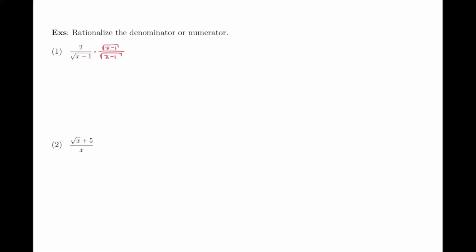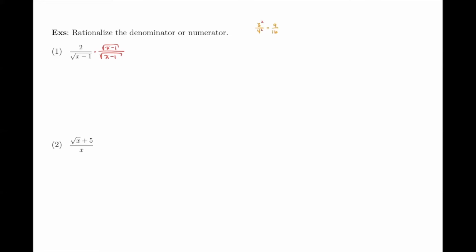Now note that we can't just go squaring the top and the bottom. If we square the top and the bottom, we get something that's not the same. So, for example, if you have, how about 3 over 4? If you go squaring the 3 up top and the 4 in the bottom, you're going to get 9 over 16.